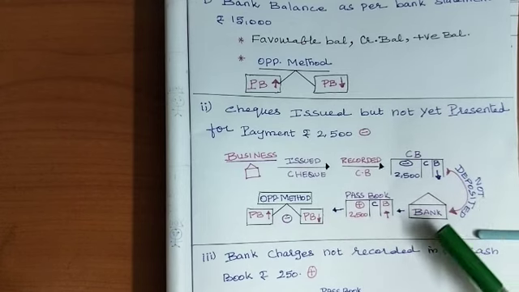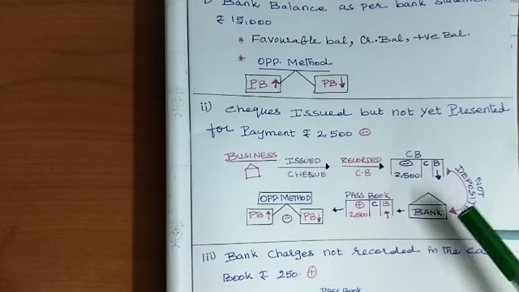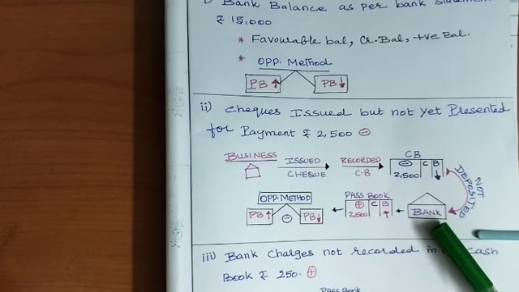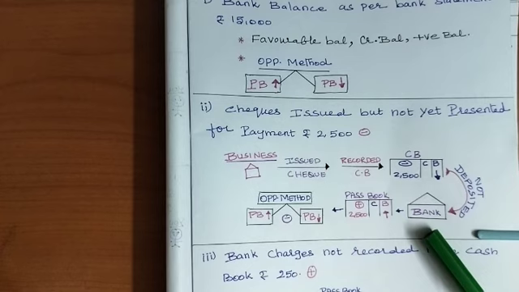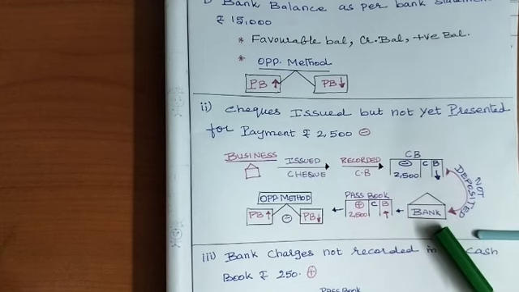The check was not cleared on the same day; it takes 3 to 4 days or even a week. So the check was not presented for payment.